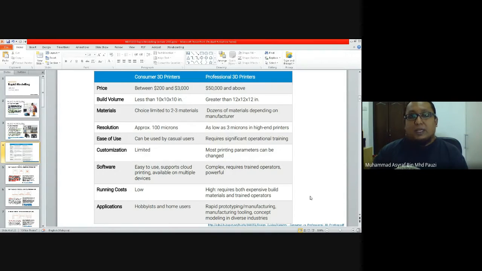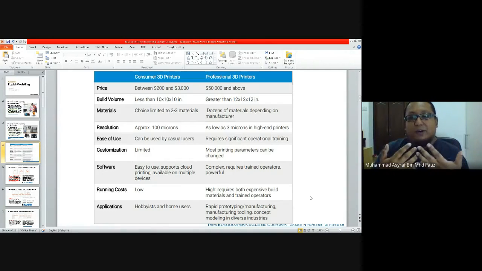Last time they tabled it out, okay, this is the technology of consumer. There's a list of printers that were considered consumer or desktop, and the other part, okay, this is the list of it. But now it tends to overlap.